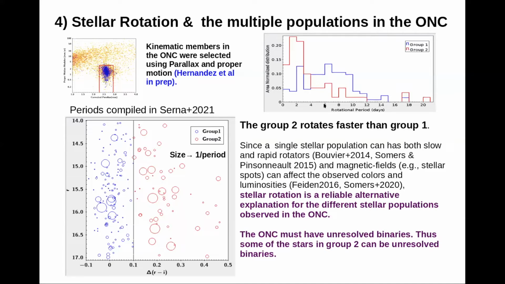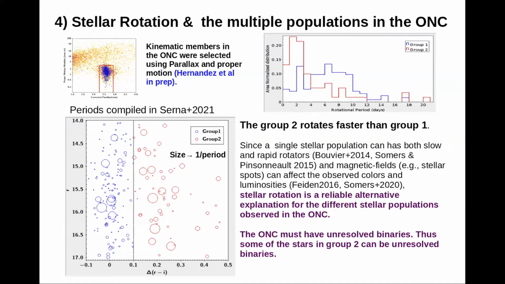As you can see in this distribution, group 2 rotates faster than group 1. We know that a single stellar population can have both slow and rapid rotators.